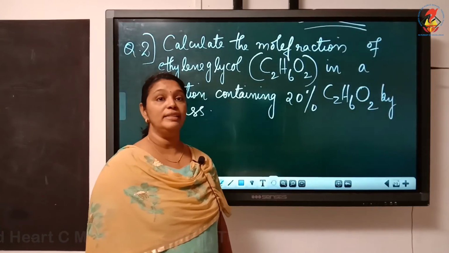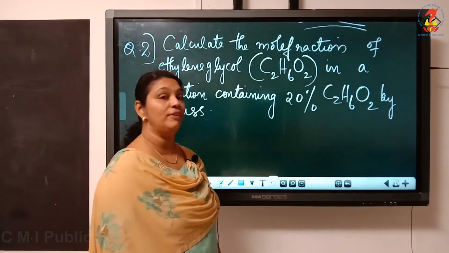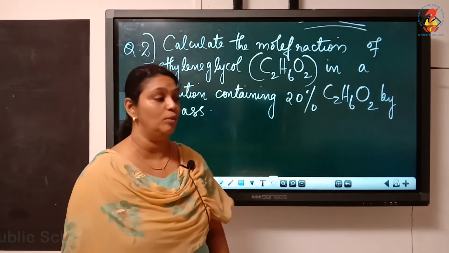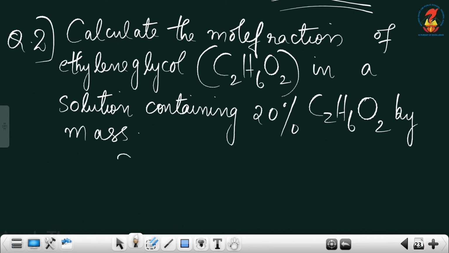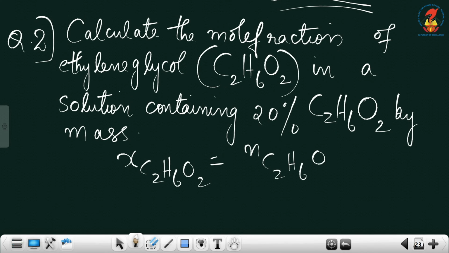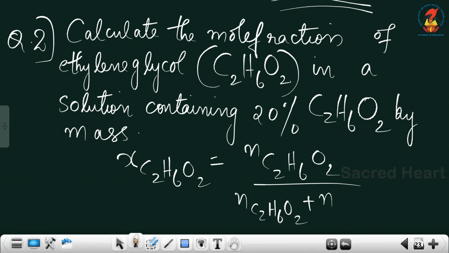So you have to find the mole fraction of ethylene glycol, and the expression to find mole fraction is X of ethylene glycol C2H6O2 is equal to number of moles of ethylene glycol C2H6O2 divided by number of moles of ethylene glycol plus number of moles of water. That is the number of moles of component divided by total number of moles of all the components present.